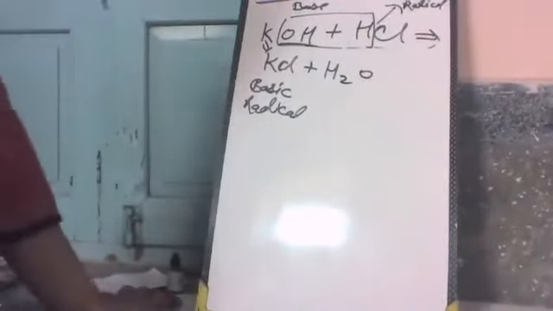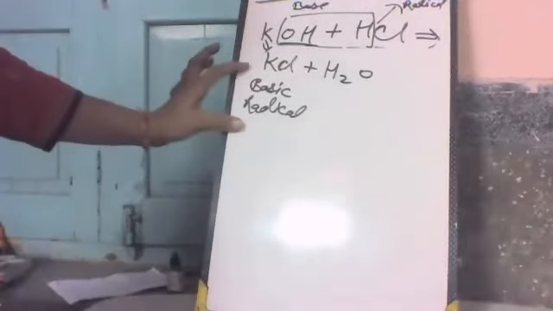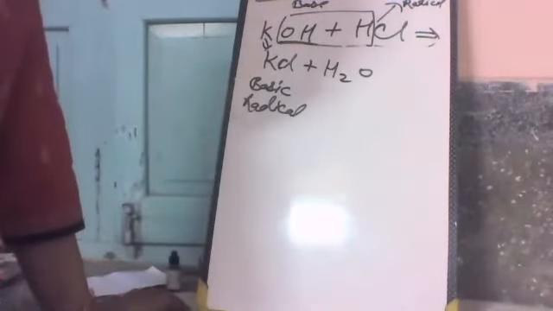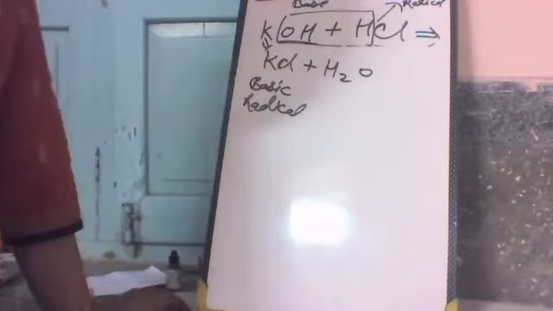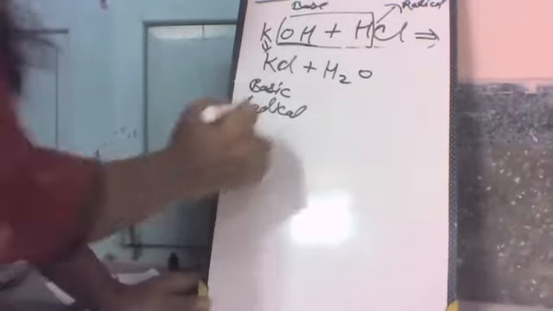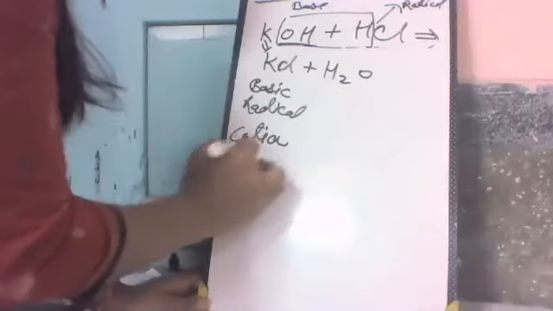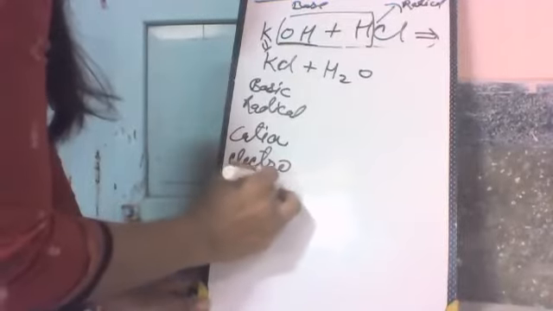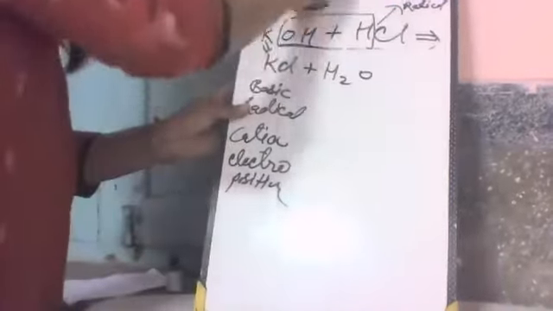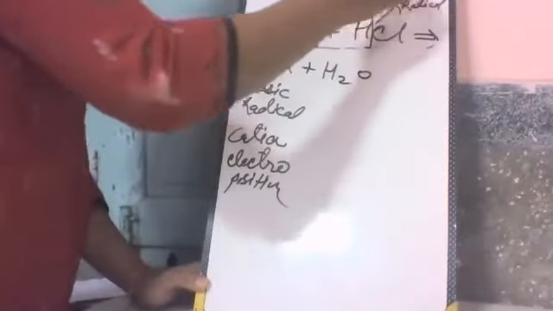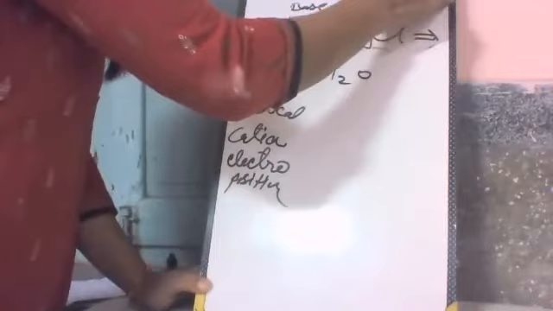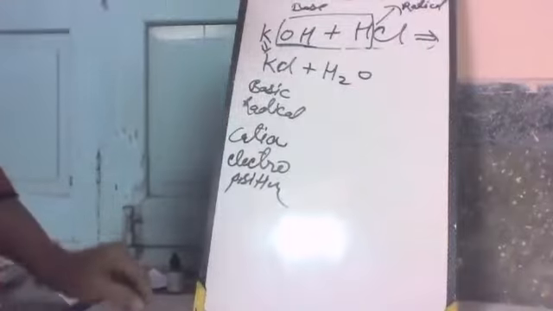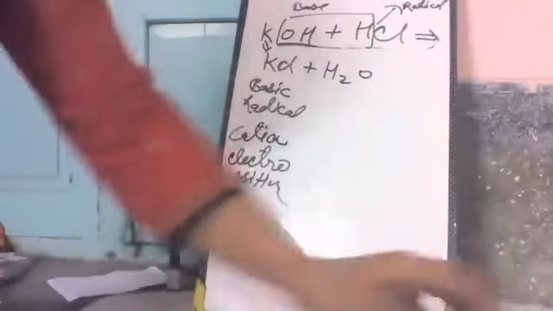These are the acidic and basic radicals. Basic radicals are known as cations or electropositive, and these acidic radicals are also known as anions or electronegative ions. This is all about the ions.